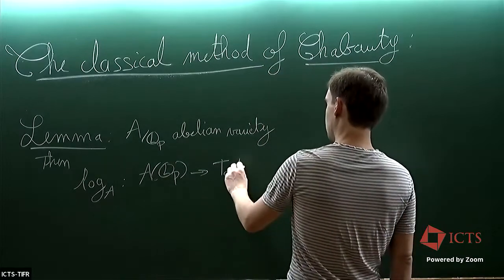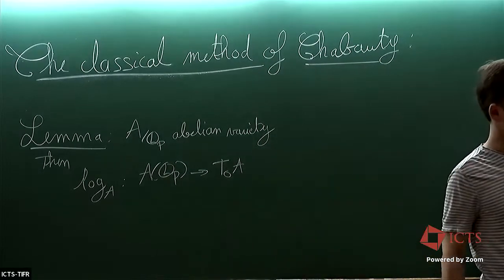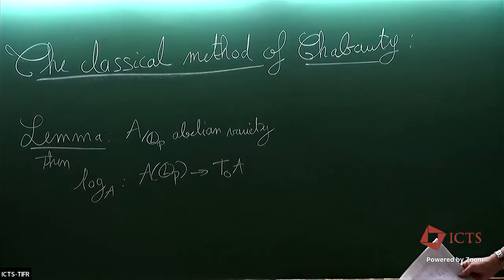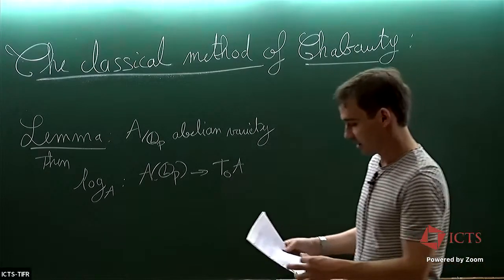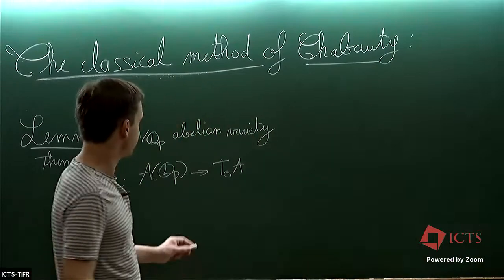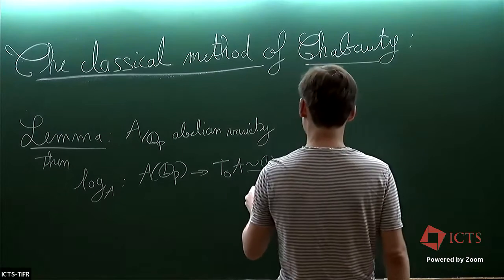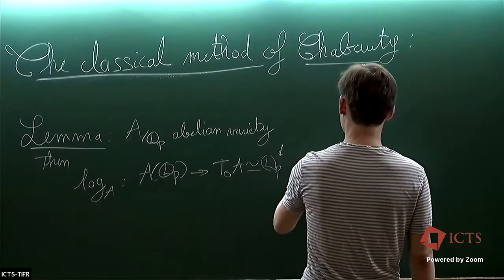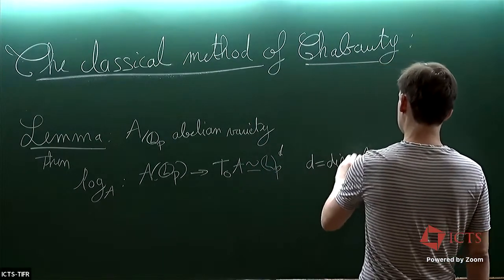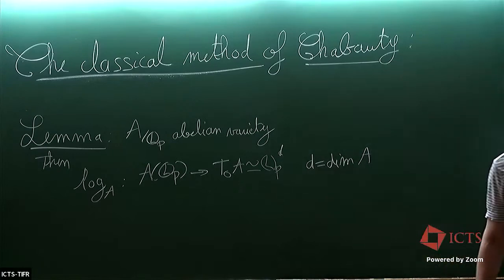It goes from A of Q_p to the tangent space at 0 of A, which is isomorphic to Q_p^d, if d is the dimension of A. One way to think about it, as I said a bit yesterday, is if you know about Lie theory, Lie groups over R. Well, it's the same thing.